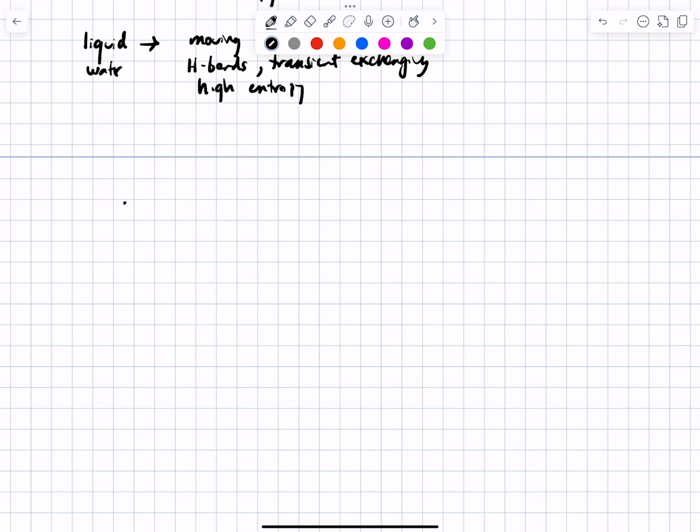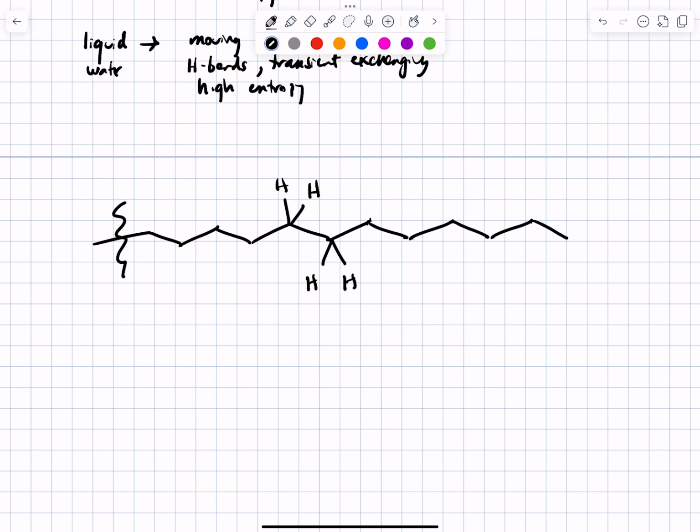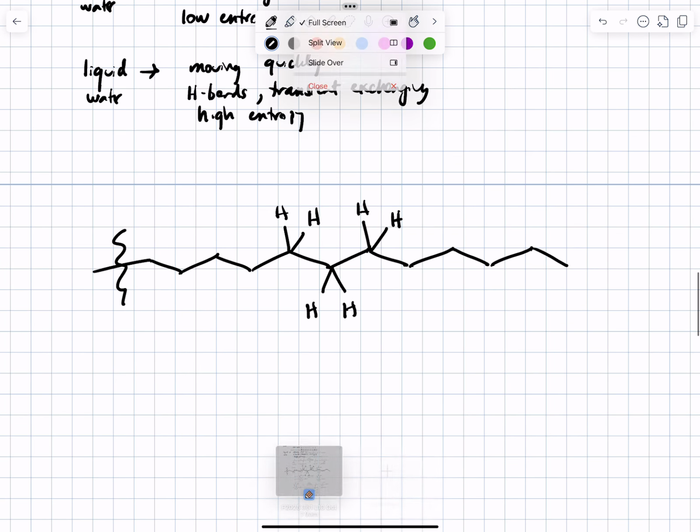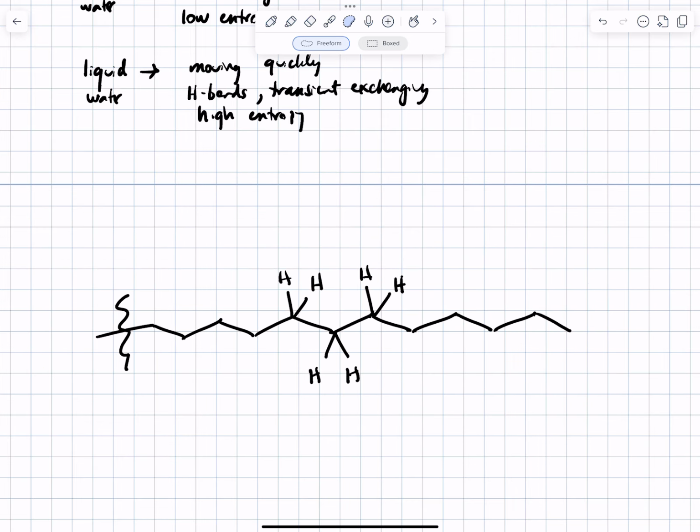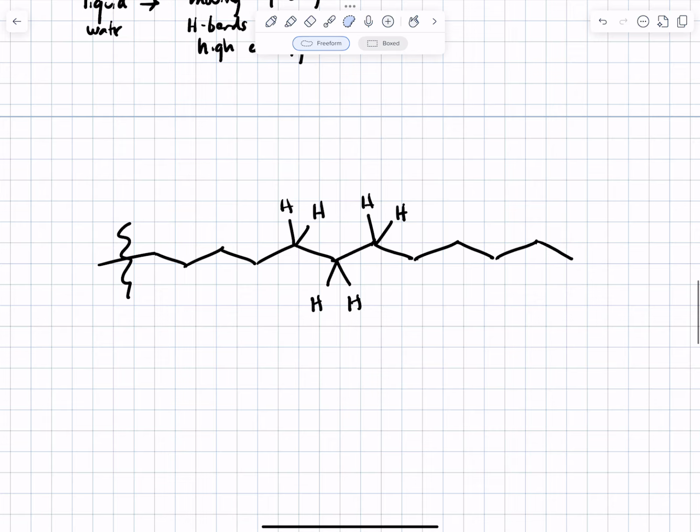So to do this, what we're going to do is just draw a squiggly line. On the left side of the squiggly line is other stuff, and on the right side of the squiggly line is one of the nonpolar tails of a triglyceride. Just for illustration purposes, I'm going to fill in some, but not all, of the CH bonds in this nonpolar tail. Now, it should be clear to you that those CH bonds are not polar because hydrogen is not that different in electronegativity than carbon.